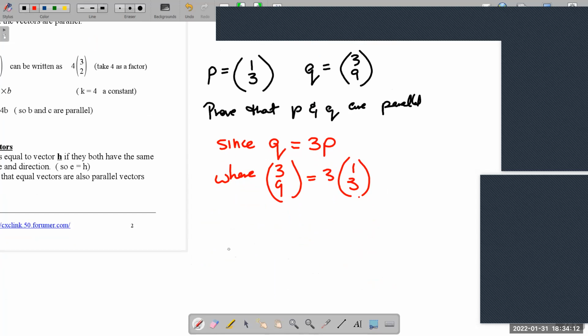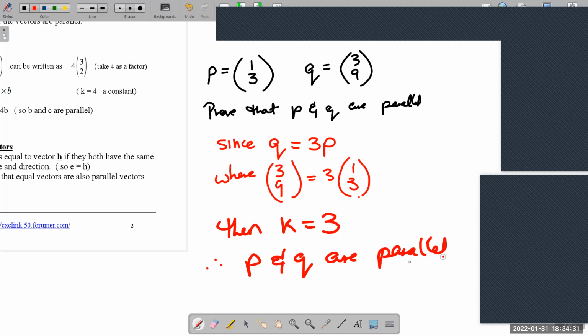Since that is the case, then K is equal to what? K is equal to 3. And the last thing you need to say is what? Therefore, P and Q are what? Parallel. Everybody see now? Guess what? That's it.